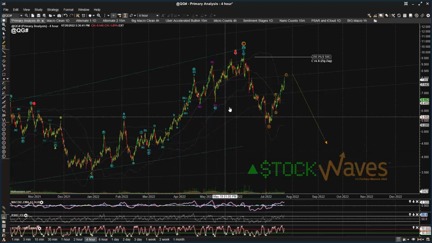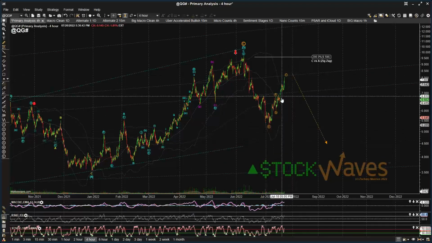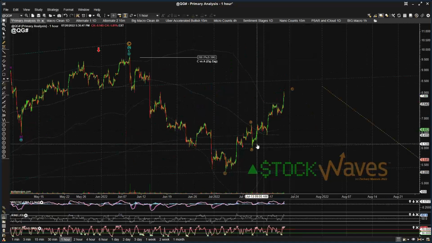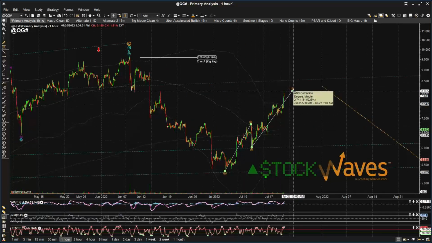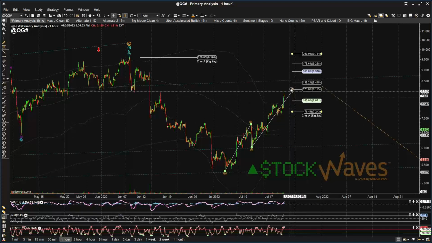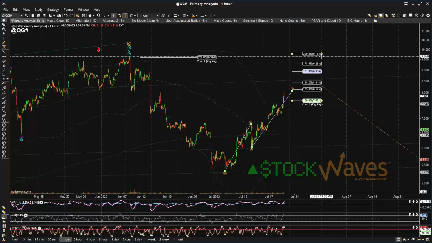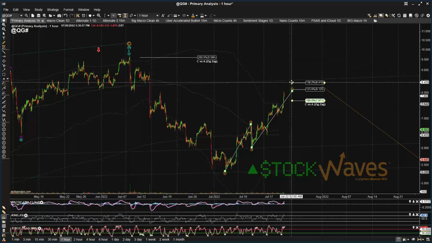So be very, very careful if you are trying to chase this move long. It's a nice bounce, but again, this can easily count as 5 waves up, completing a C wave right into your 1, 2, 3, 6 fib extension. So please be very careful.